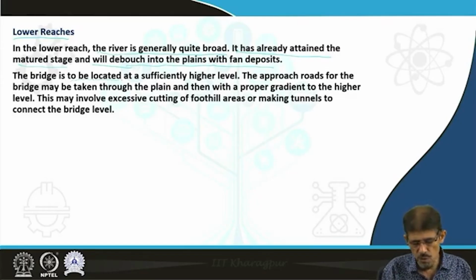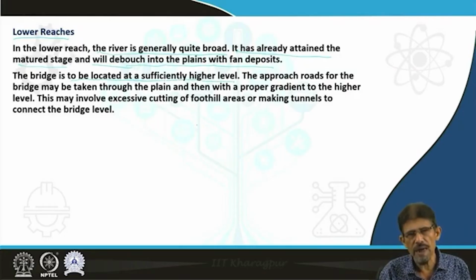The bridge is to be located at a sufficiently higher level to avoid the choking by materials consisting of silt and clay, and the approach road for the bridge may be taken through the plain. The road connection with the river plain area in this lower reach is very important for the supply of suitable material and for facilitating traffic toward the lower reach.